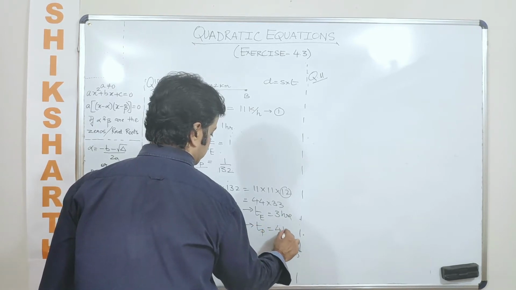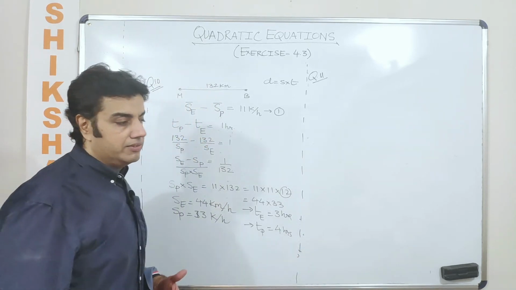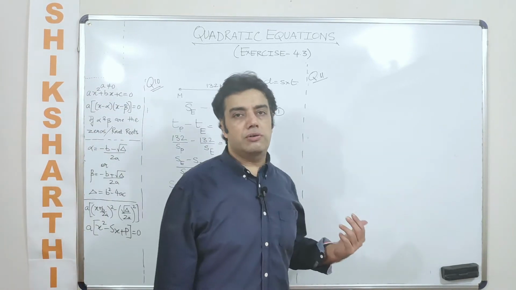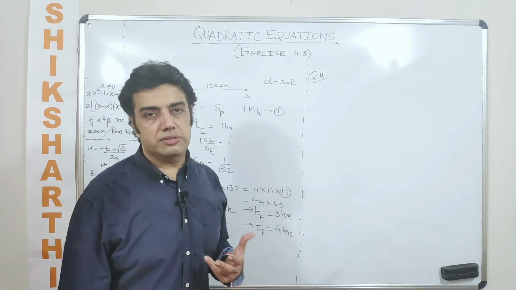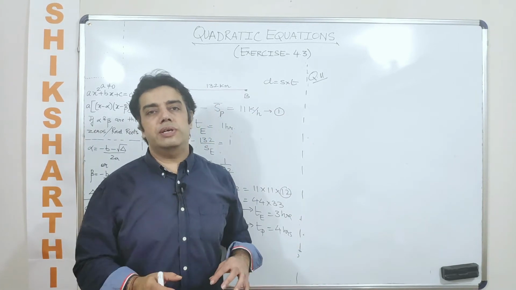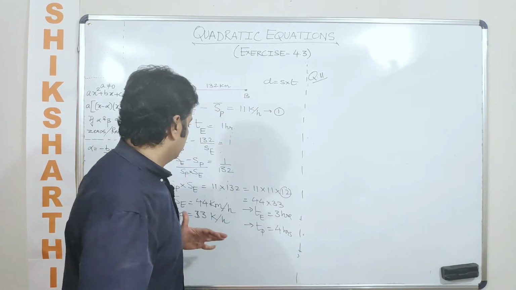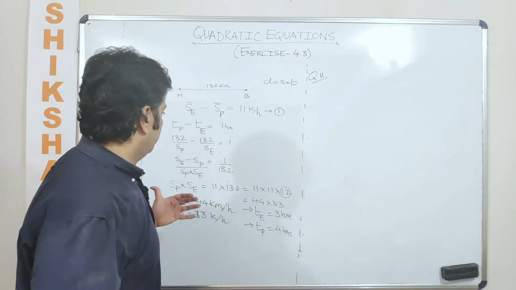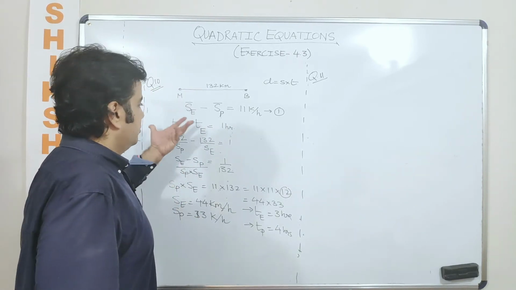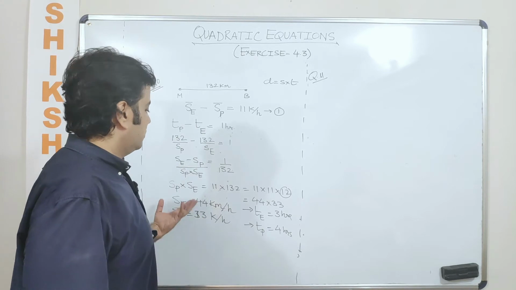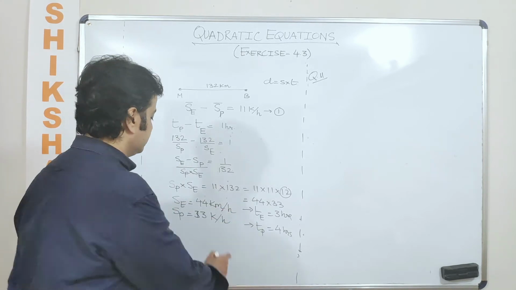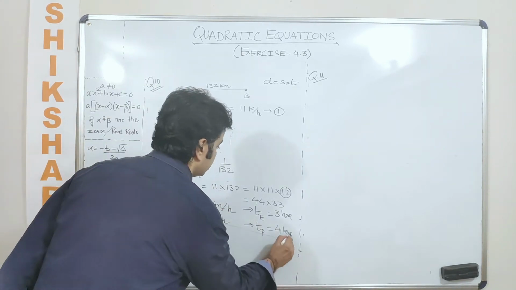This will take 4 hours. So you will see that here I have done it slightly in a different manner, though you can always do it by quadratic equations. It's just because you should know at least 2 ways of solving the same question. If you want to do it by quadratic equations, we can substitute and form a quadratic equation, find out the speeds and then substitute. In any case, you're going to get this only as the answer.